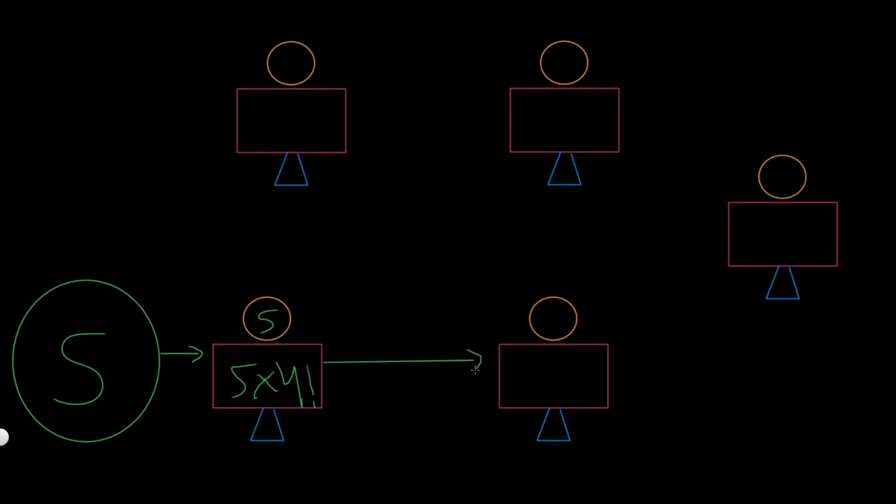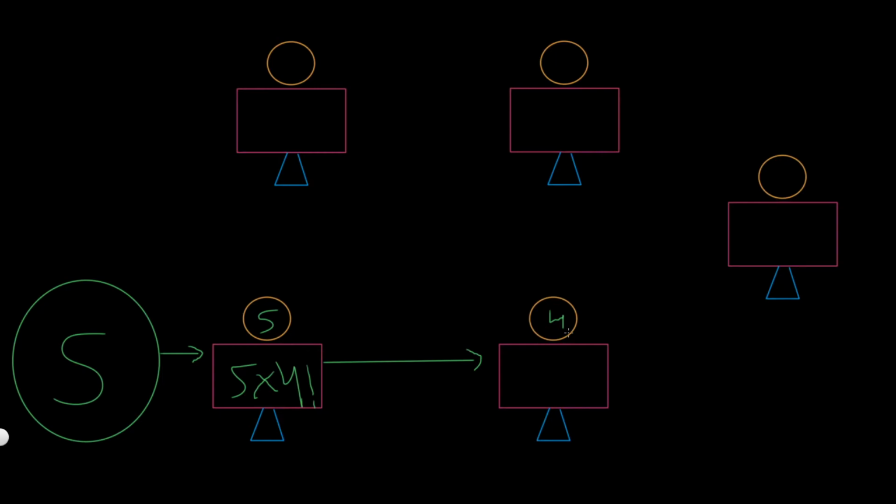So it will pass 4, and now this method is asking for the factorial of 4. And now this computer has the same information as the previous computer, so this computer also doesn't know the factorial of 4.